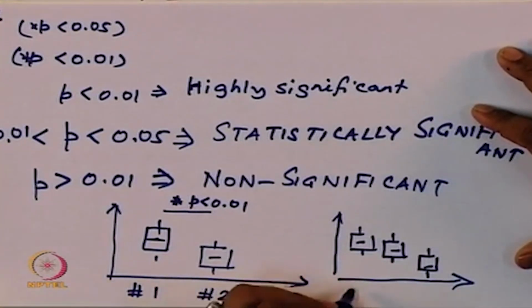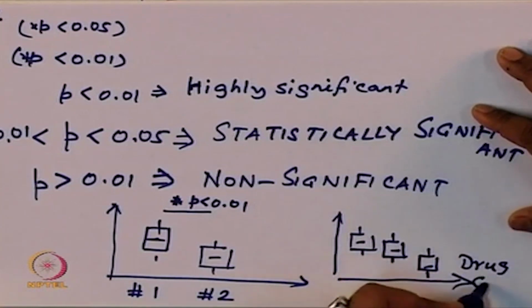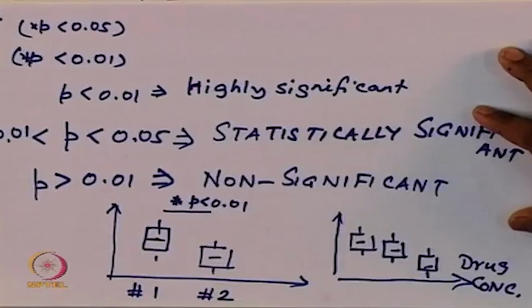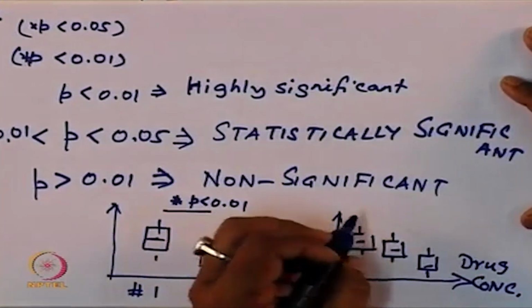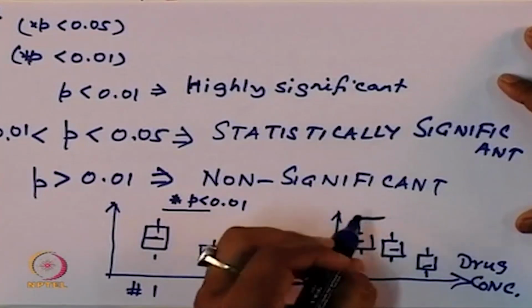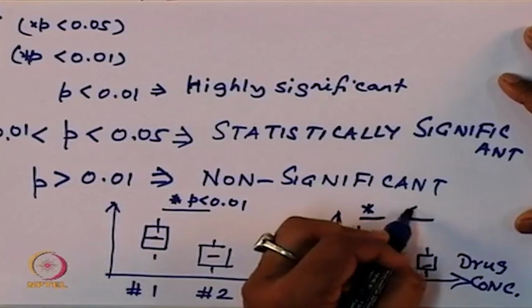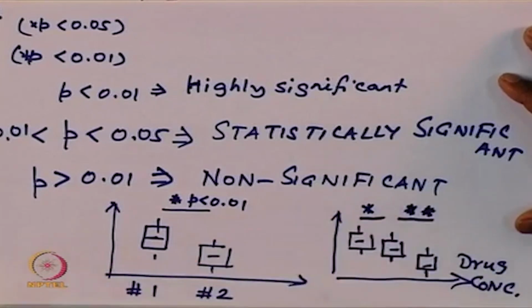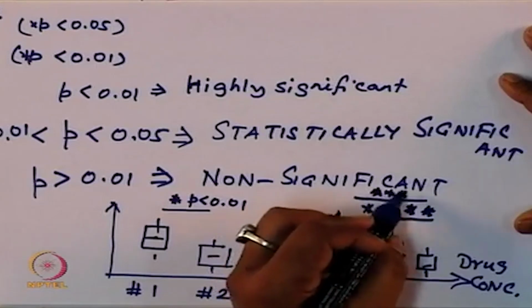Alternatively, if you have 3 conditions, imagine these are 3 different drug concentrations, and you have measured some output. Between these, in many papers you might see one written as star, another as star star, and another as star star star.